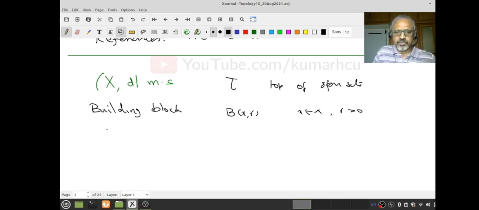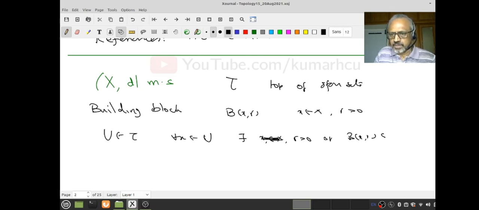When did you say U is in tau? If for every x in U there exists an r positive, so that B(x, r) is contained in U. That means U is going to be a union of some B(x, r_x) where x is in U. This r may depend upon x, so we call it r_x.